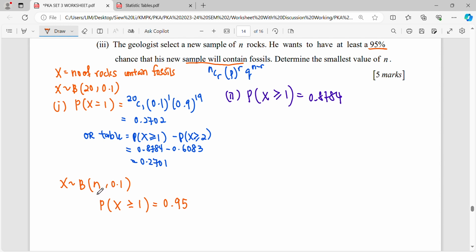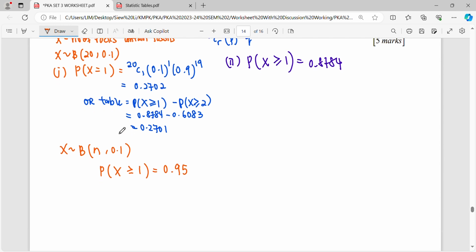Well, we can't read the table because n we don't know, right? So we can only use the formula. If you want more than or equal to 1 in the formula, it means 1, 2, 3, 4, 5, 6 until n. But n we don't know. So we can calculate in the opposite way: take maximum probability 1 minus the probability that is not involved here. When you have more than or equal to 1, then 0 is not involved.